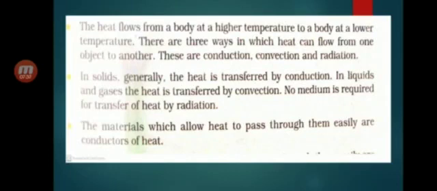The materials which allow heat to pass through them easily are conductors of heat. The materials which do not allow heat to pass through them easily are called insulators. Dark color objects absorb radiation better than the light colored objects.